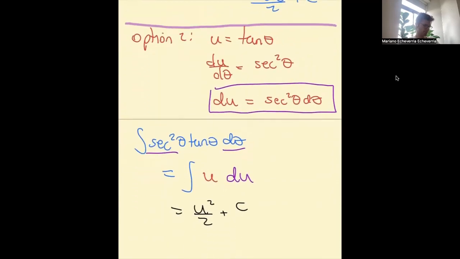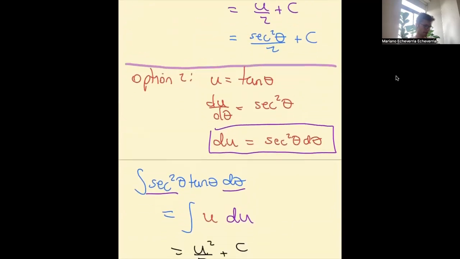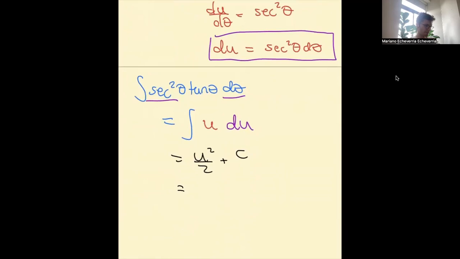But what is u? u equals tangent of theta. So you get tangent square of theta over 2 plus c.